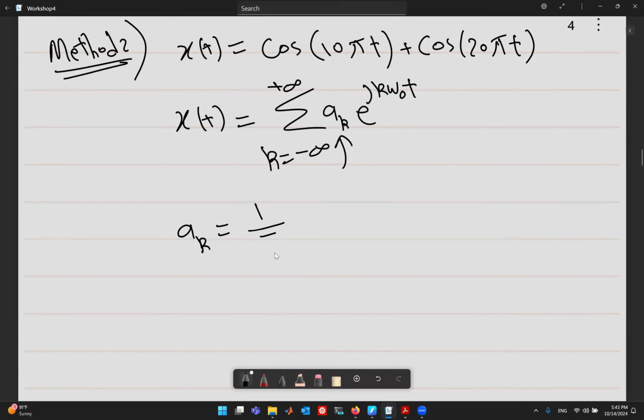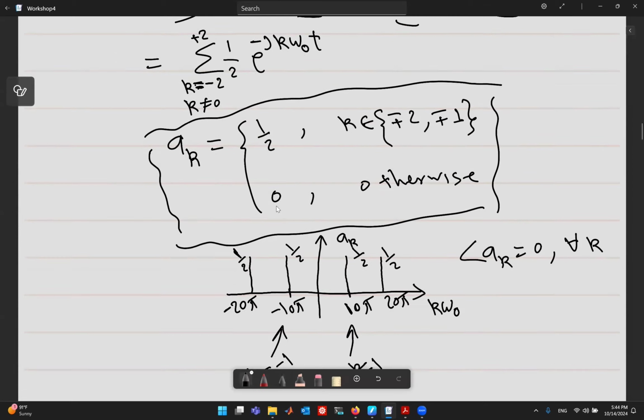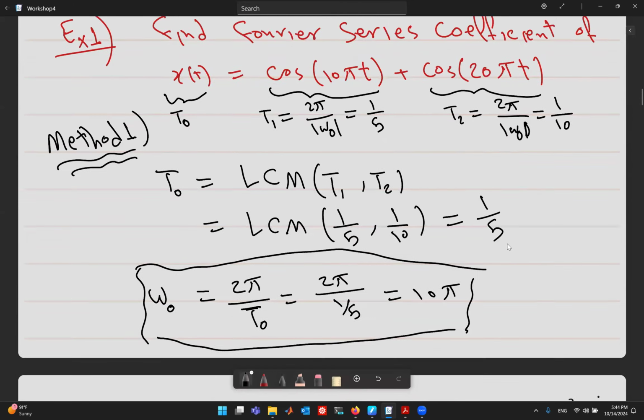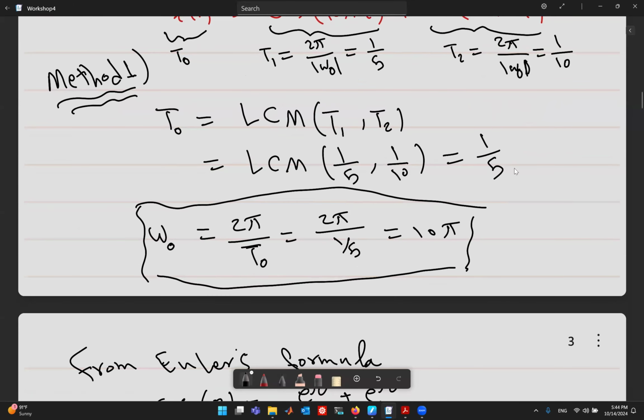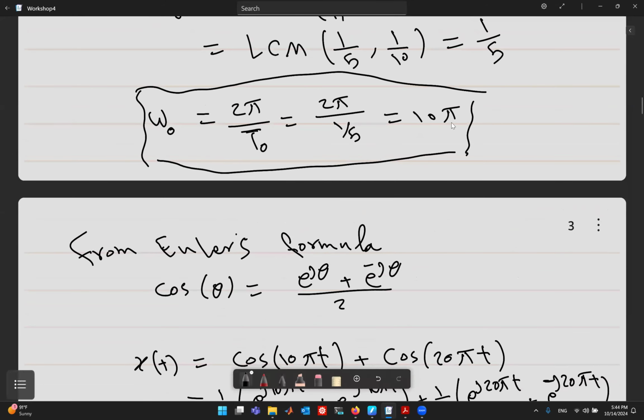integral, 1 divided by the fundamental period, integration over 1 period of x(t) exponential minus j k omega naught t dt. And as we have seen, T naught was 1 over 5, and omega naught is 10 pi.